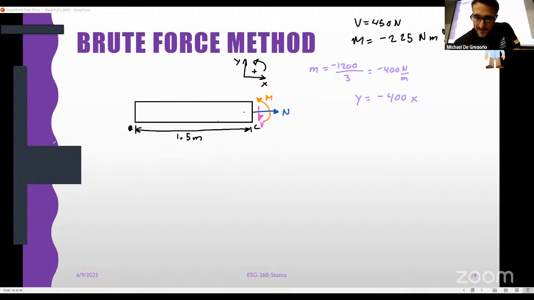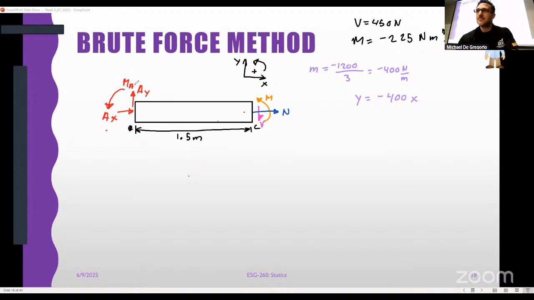But if I look at my reactions, unfortunately, draw them this way, I've got AX, I've got AY, and I've got the moment about A. This is where this gets tricky, right?